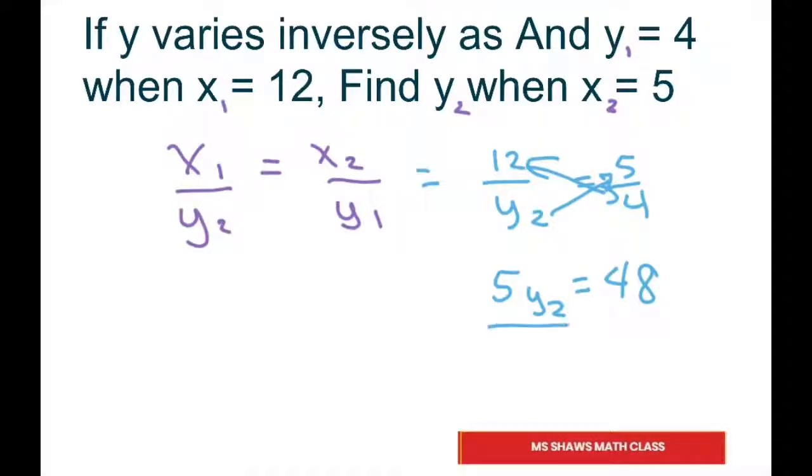And divide both sides by 5. So that equals 1. 1 times y is just y. And 48 divided by 5 is the exact value. Approximate value would be 9.6. And that's it.